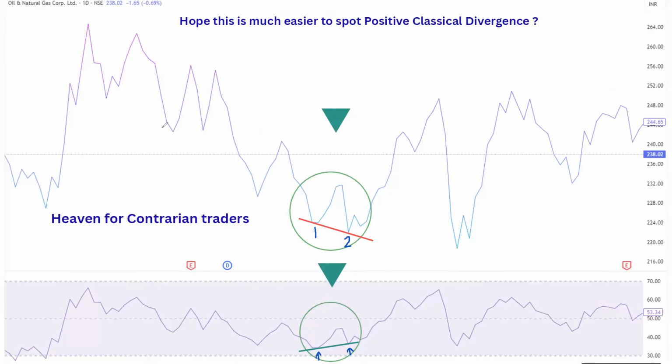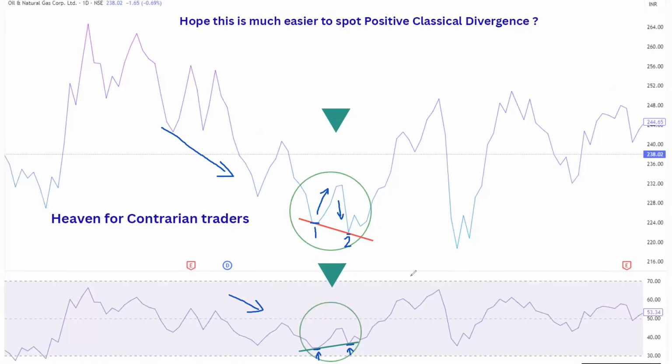First, what happens is generally the market is in a downtrend. Price hits a new low, it shoots up, gives a short-term pullback, comes down, and makes a lower low, which is lower than the previous one. RSI is also trending down with the price, but when number 1 happens, you can see this is the low. At number 2, this is the low.